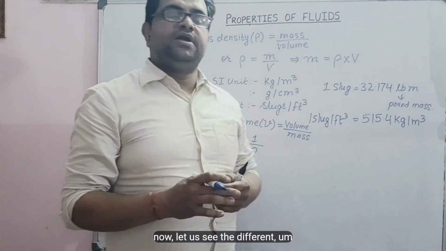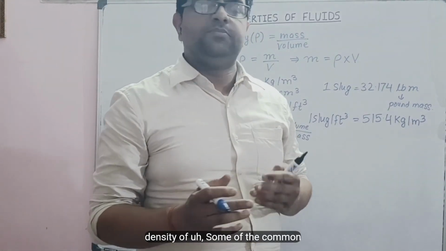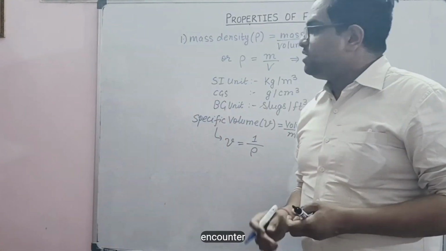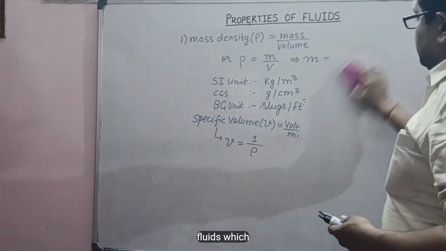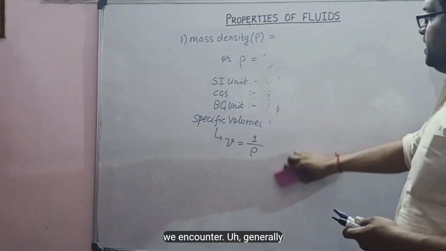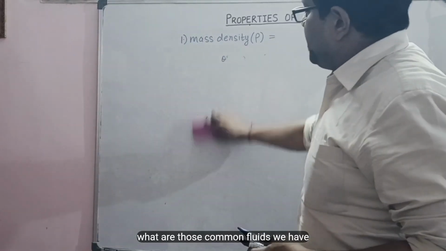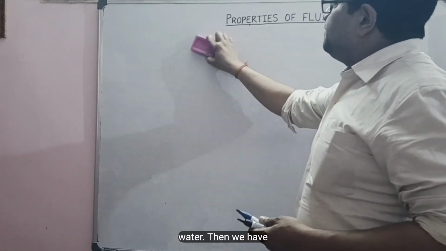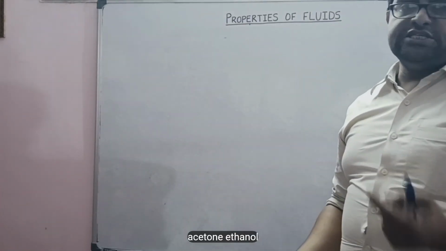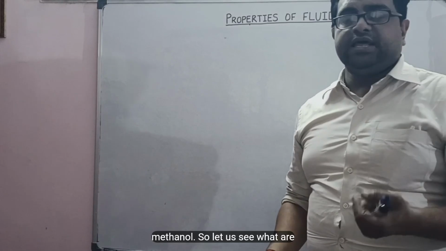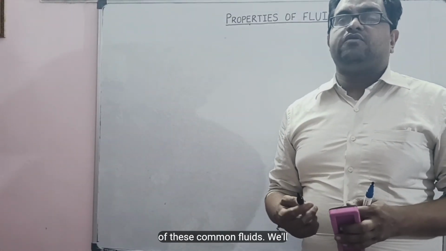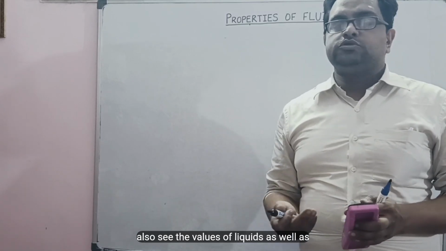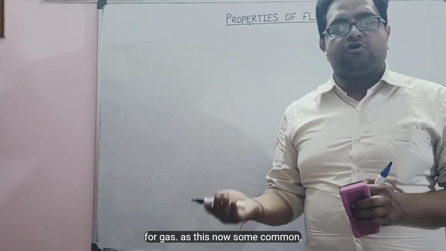Now let us see the densities of some of the common fluids that we encounter. What are those common fluids? We have water, then we have mercury, acetone, ethanol, methanol. So let us see what the values of the density of these common fluids are. We will also see the values for liquids as well as for gases.